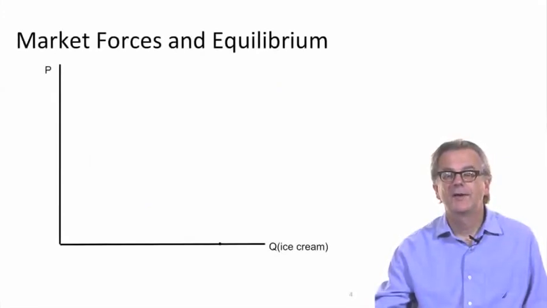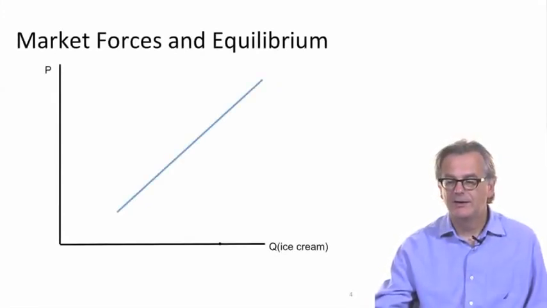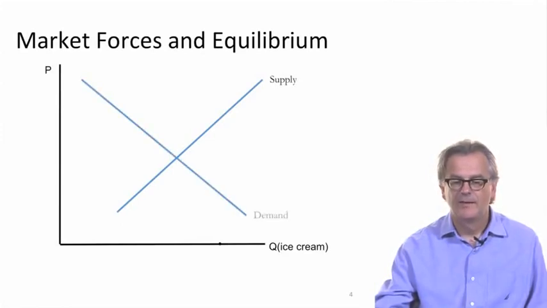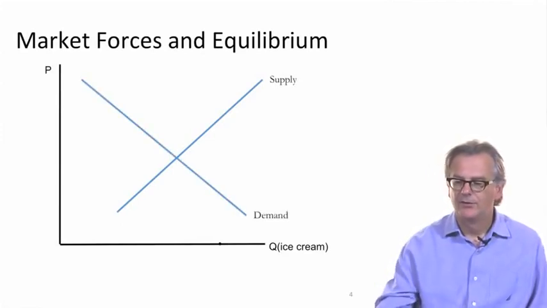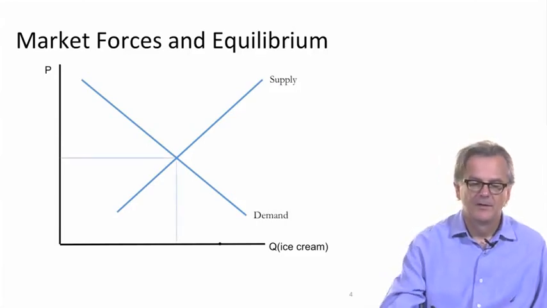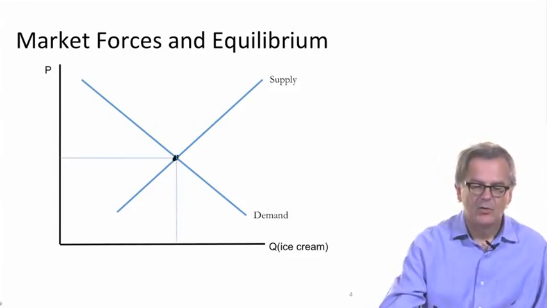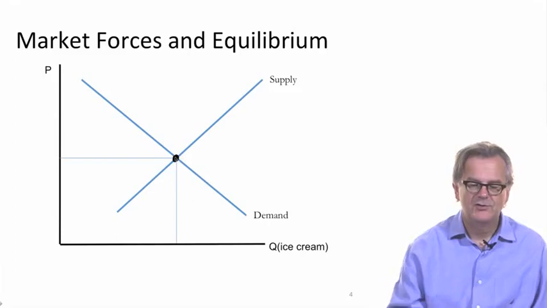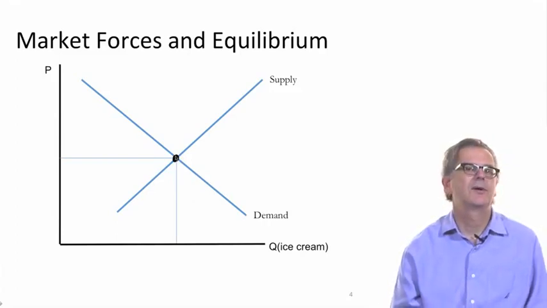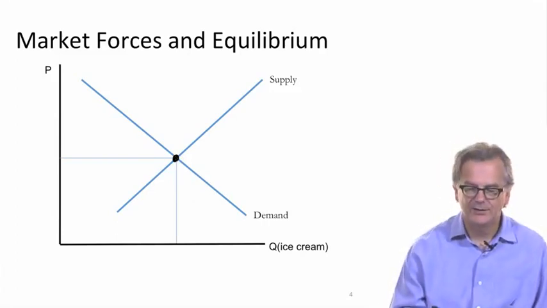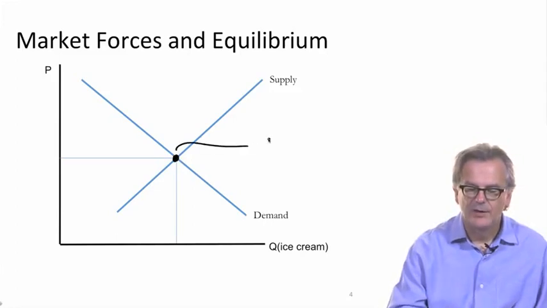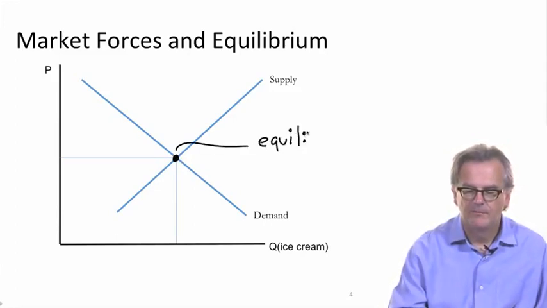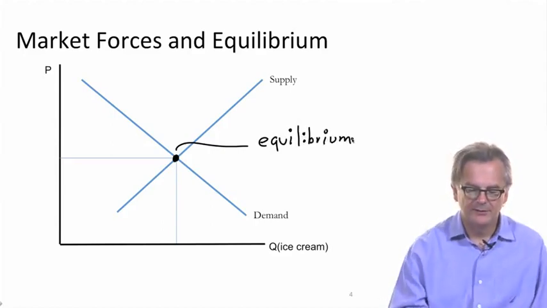How do market forces then lead to an equilibrium in this market? Well, there we have supply, and there we have demand. As you can see, there will be a coordination between those two sets of decisions at the point at which those two lines intersect, and that will be our equilibrium, a concept we've spoken about briefly in the past.